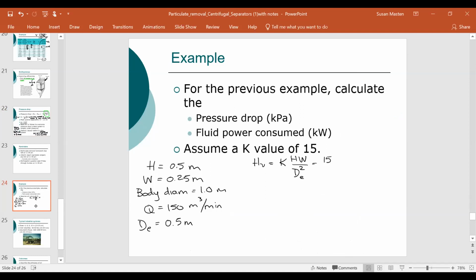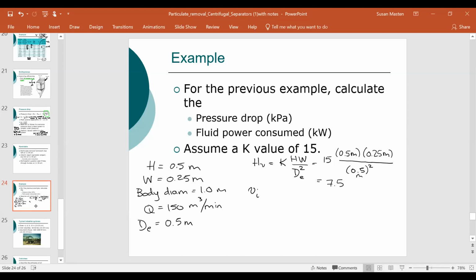We're assuming a K value of 15. So this is 15 times 0.5 meters times 0.25 meters divided by 0.5 meters squared, and that is equal to 7.5. We had previously mentioned that about 8 was a reasonable value for H_V. So that's right in the range of what we would expect.